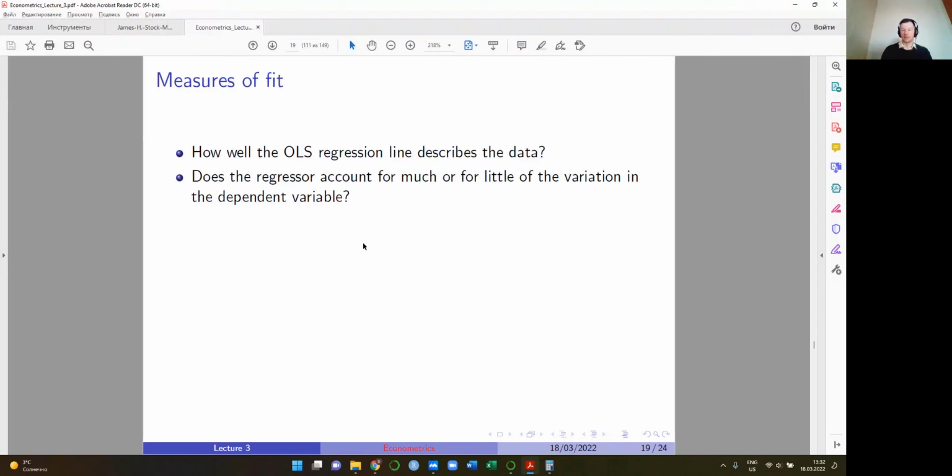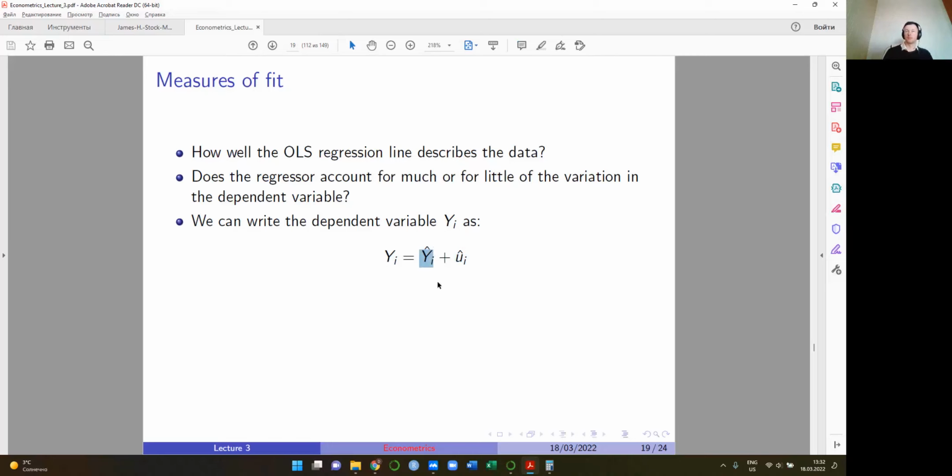That's the question. So we can write the dependent variable y as the sum of two parts, y hat and u hat. This is similar to the population model where there is an expected value and an error. But now we are talking about the prediction, so what is calculated based on the sample.